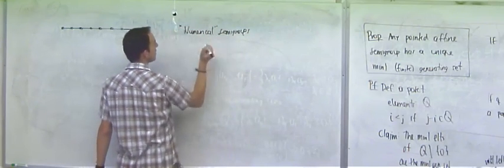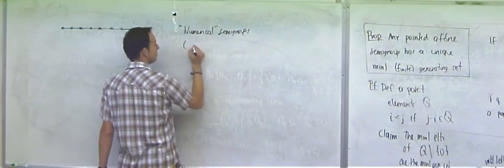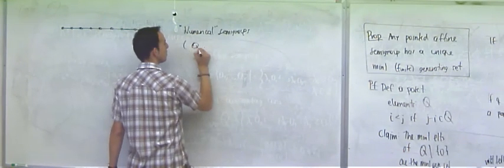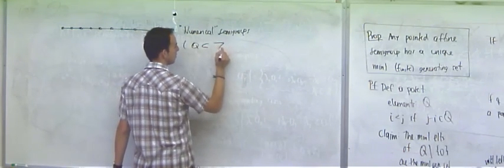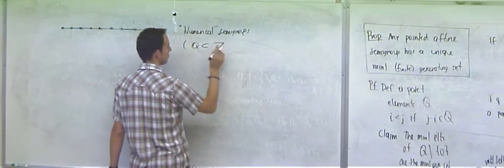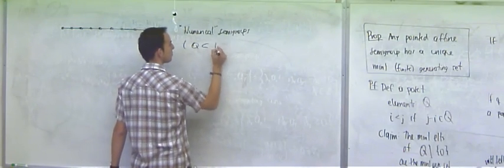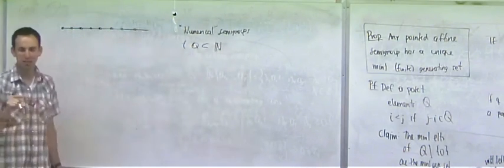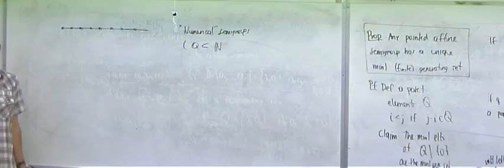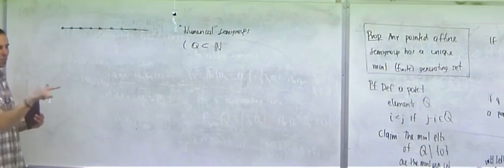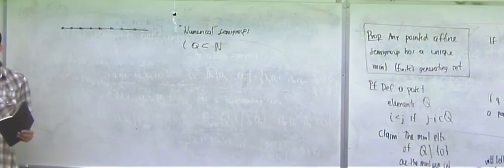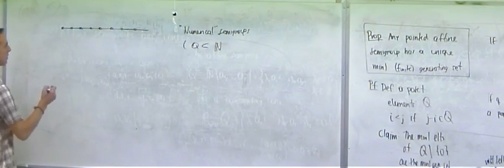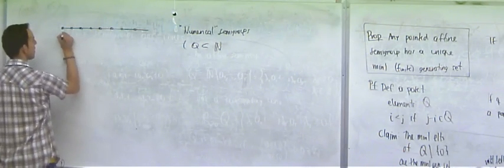When I say this, I mean Q, a subset of, let's say, the natural numbers. Because we want these to be pointed, and what does it mean to be pointed? It means you don't go positive and negative. So this thing has to start somewhere. Let's say it starts at 0 and it goes on. So what's a numerical semigroup?